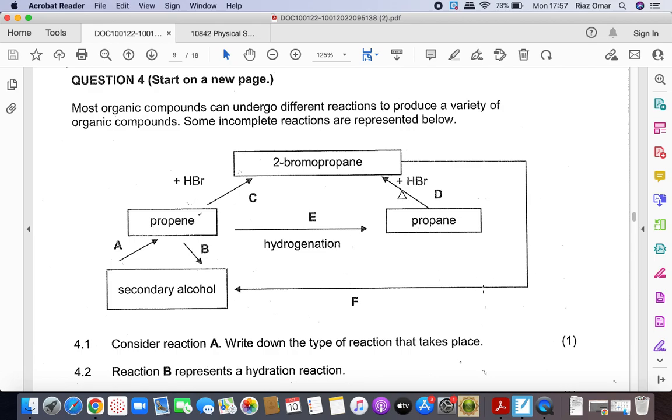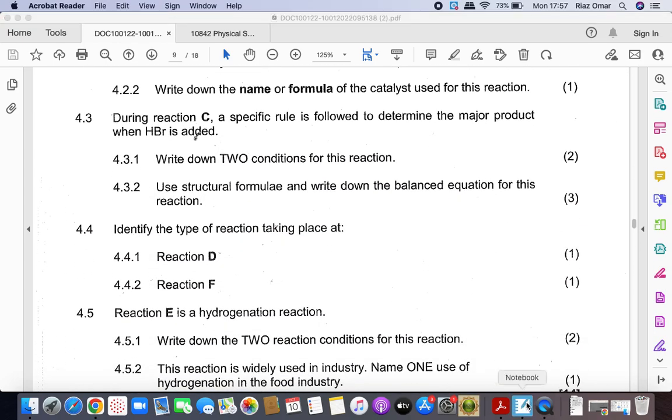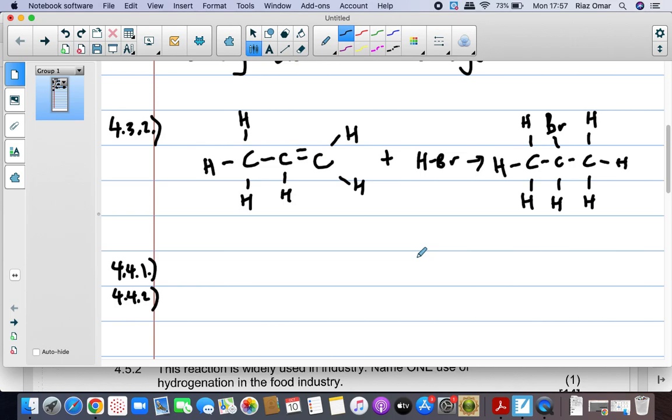Propane and 2-bromopropane. So in our mind, or on a page, write it out. It's just a substitution reaction, right?